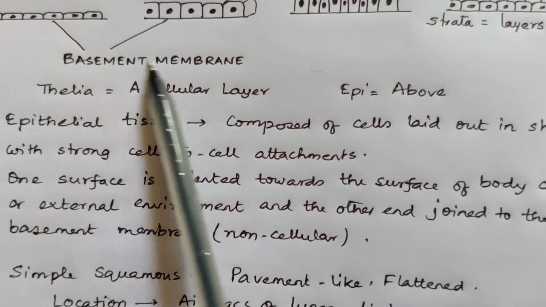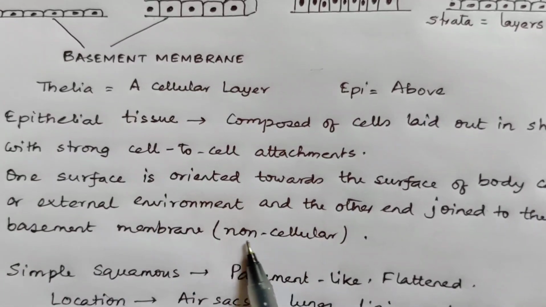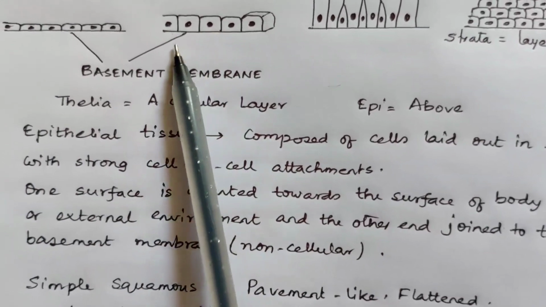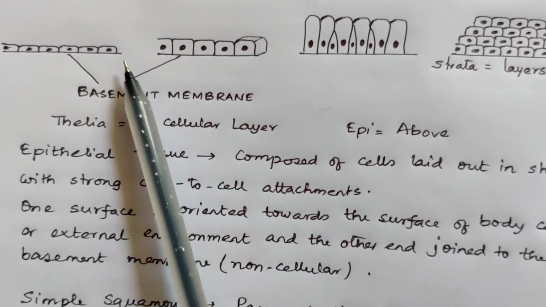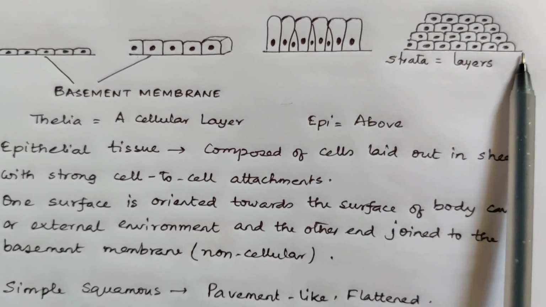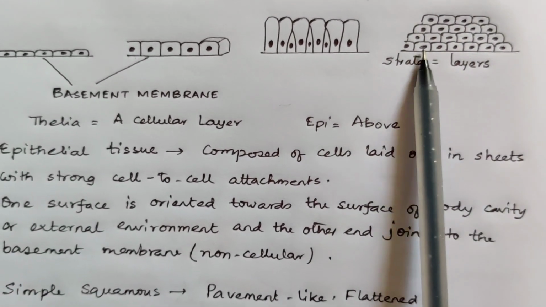Just now I told you the basement membrane is a non-cellular part. Remember this. All others are cells except the basement membrane. So here is the basement membrane, here is the basement membrane, and in stratified epithelium there is only one.